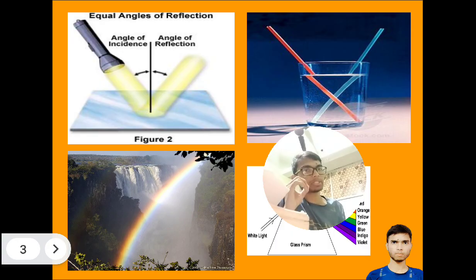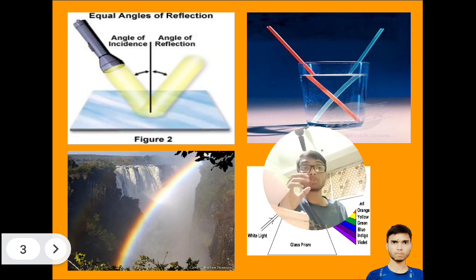Now let's come to the main point. The first law of reflection of light says that whatever the angle of incidence is, it will be equal to the angle of reflection. For example, the angle of incidence is 35.